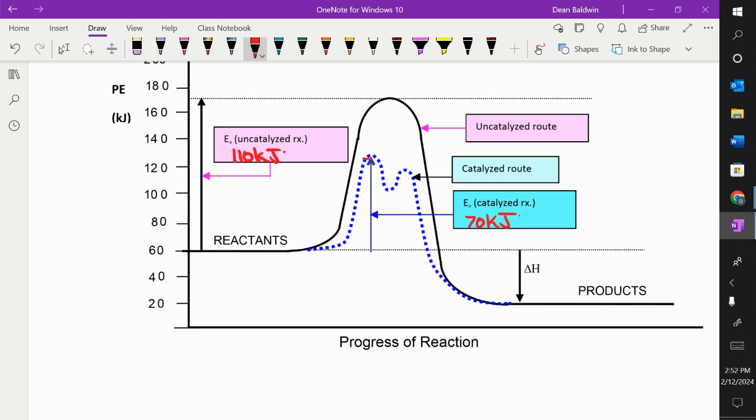Why does that speed up the reaction? You're on the right track.